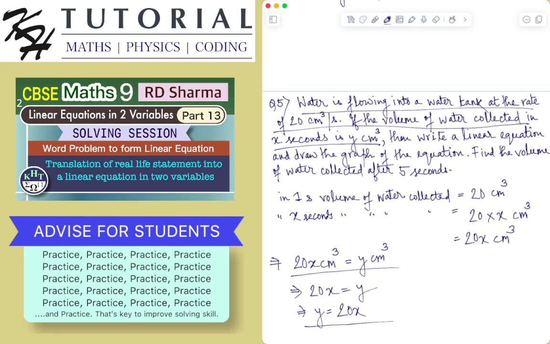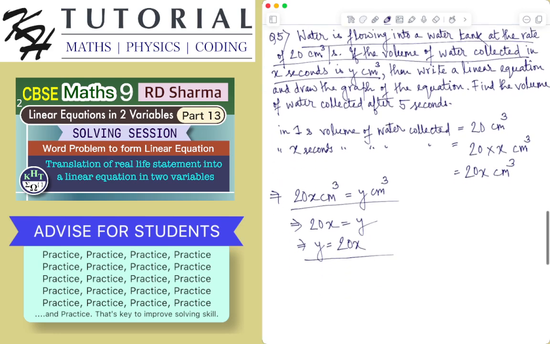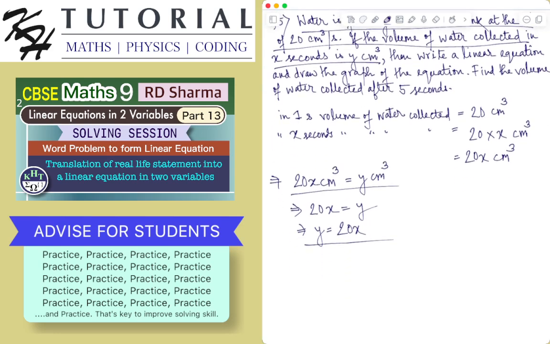Now clearly, what will be the graph of this equation y equals to 20x? Remember, I have already explained in one of my videos that if you have any equation of the form y equals to kx, where k is a constant, a real number, not equal to 0, this is the way I express that k is a real number: k belongs to R. R is the set of all real numbers.